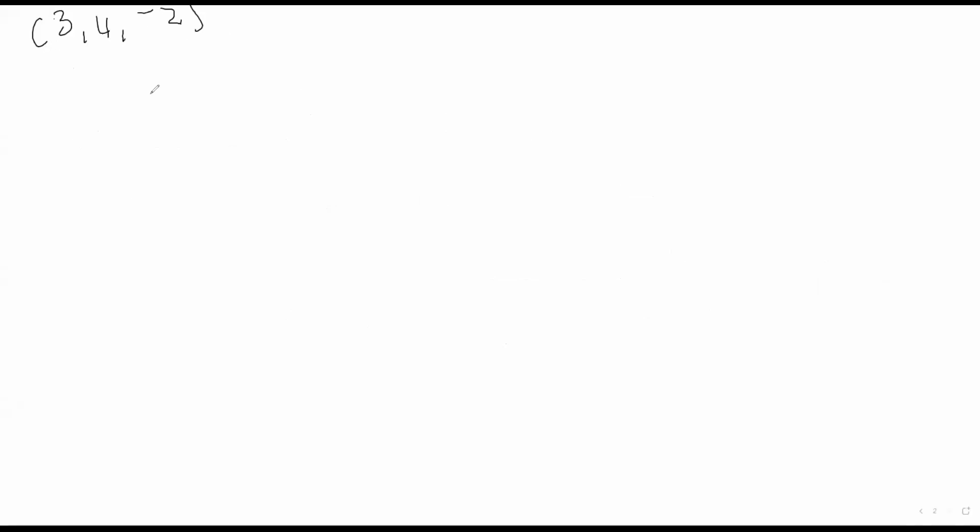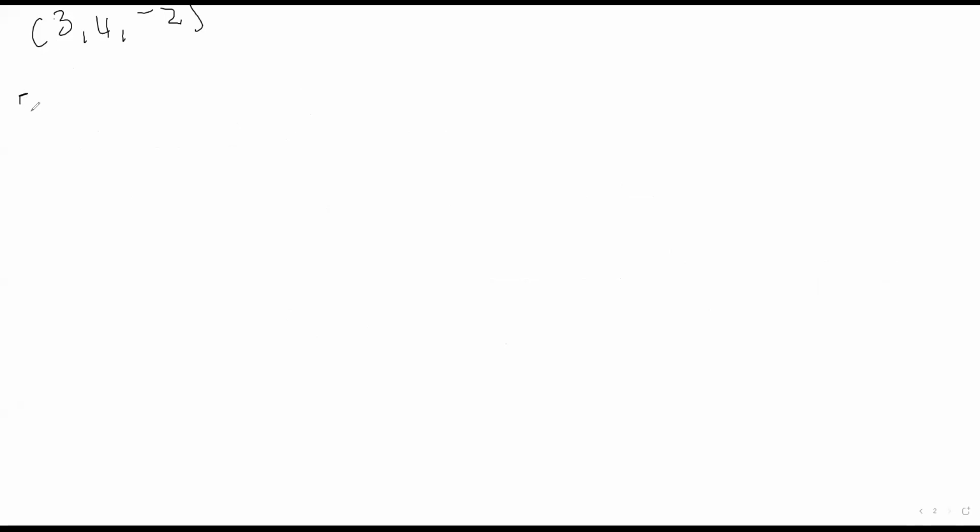Suppose we have a point, the point is (3, 4, -2). Let me just maximize this. That's the point, hopefully you can see it. And then we've got two vectors, which are parallel to the plane.